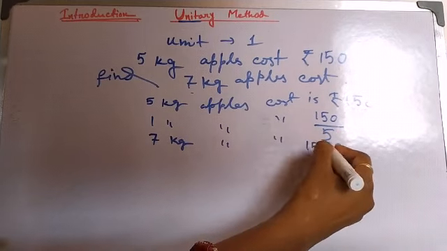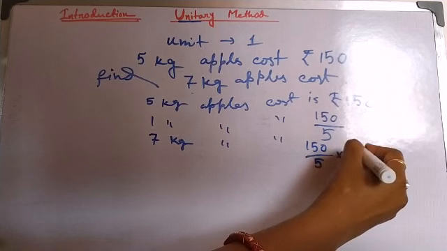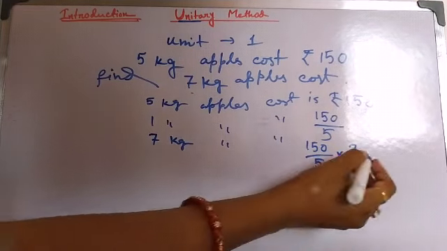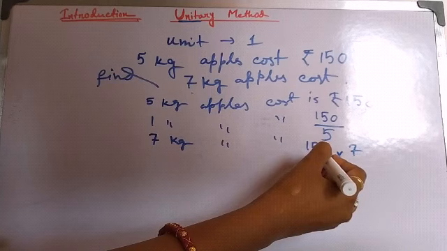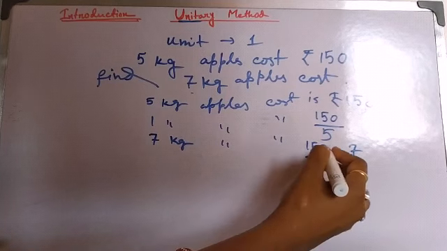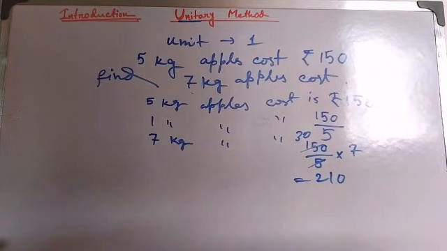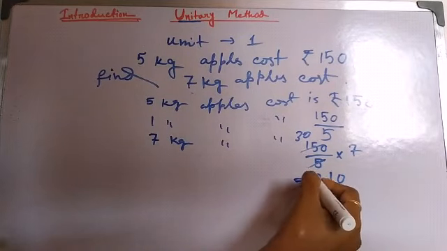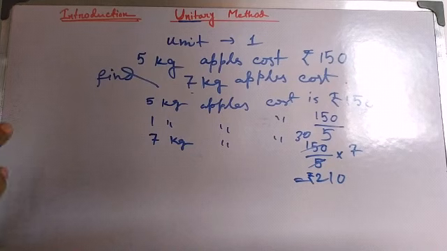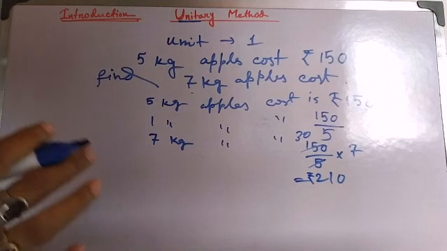That's why it will be multiplied. 7 will be multiplied with it. Then we calculate it and we will get our answer, rupees 210.